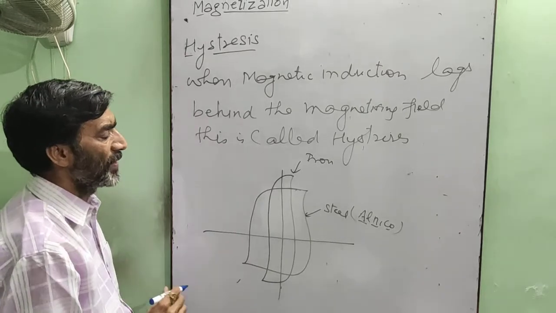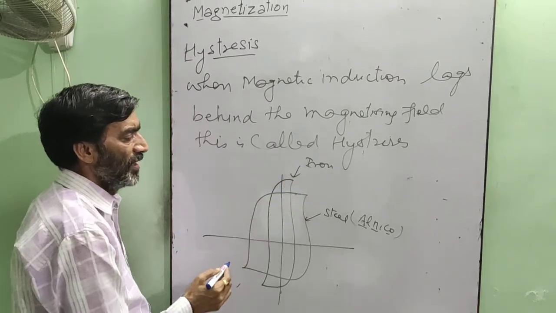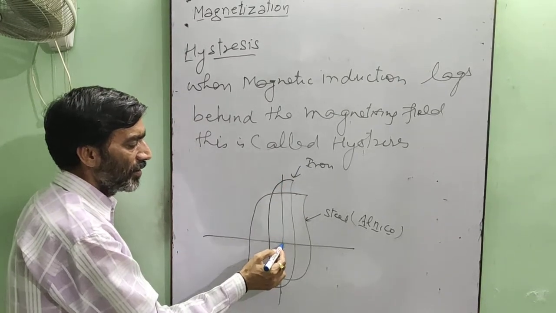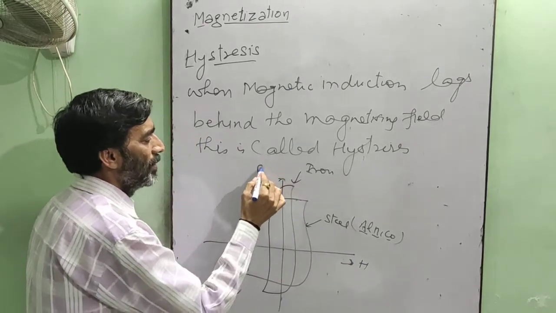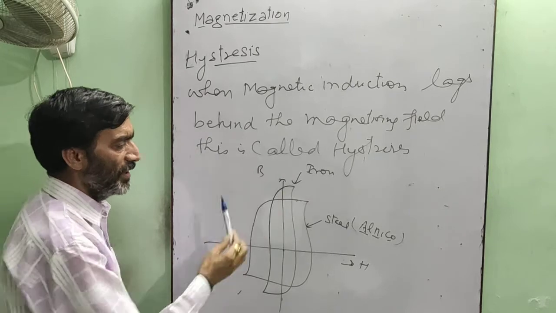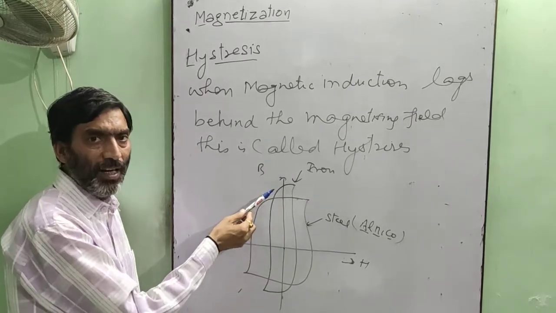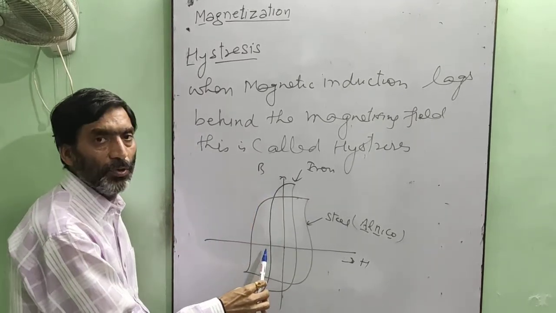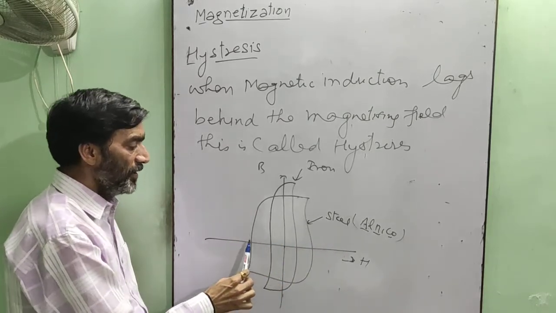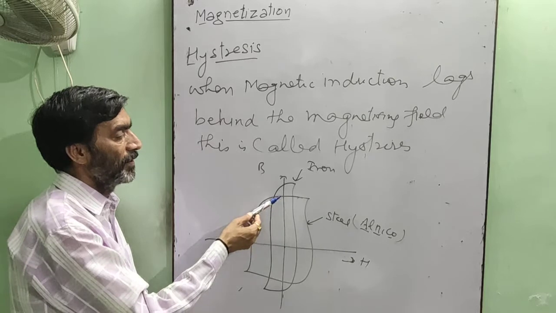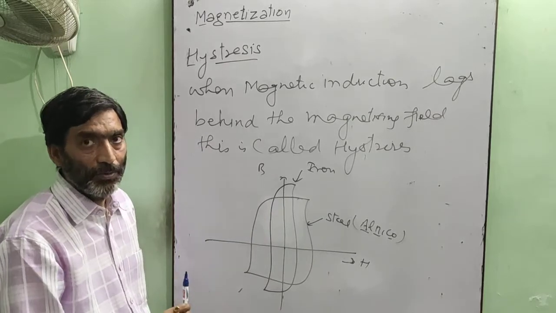What we observe here is that in case of iron, retentivity is higher but coercivity is small. But in case of steel, coercivity is high as well as retentivity is also high.